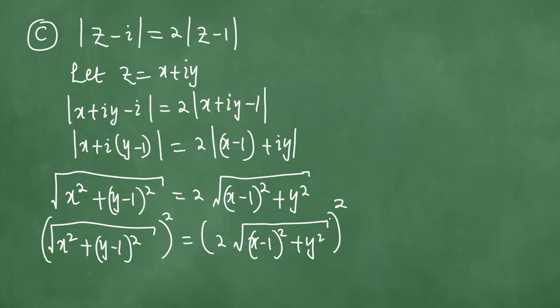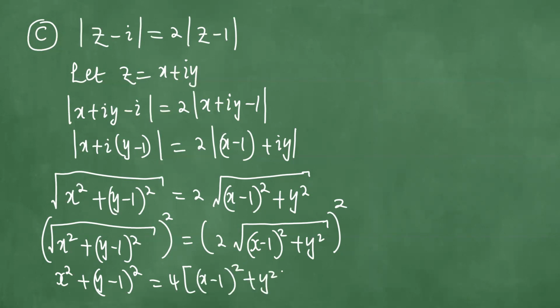And so if you square like this, now you square this, and then you have this squared, which is 4 into x squared plus y squared.